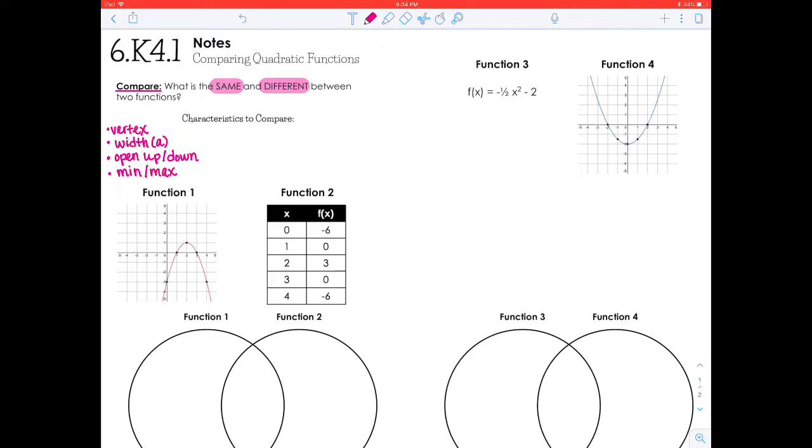Things like the zeros. Remember, your zeros are another word for your x-intercepts, or the solutions. That's another name for them. Key features like domain and range. Increasing and decreasing intervals.